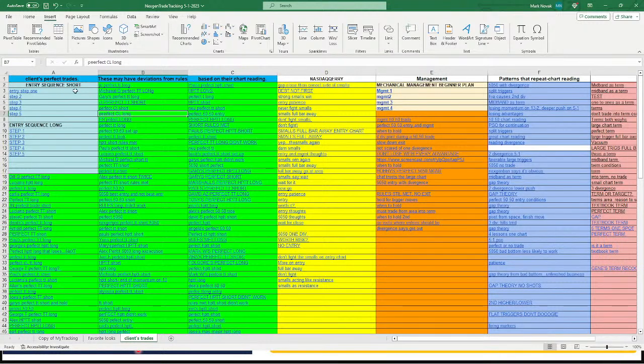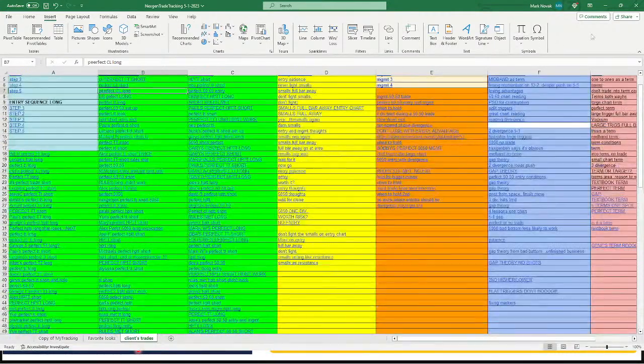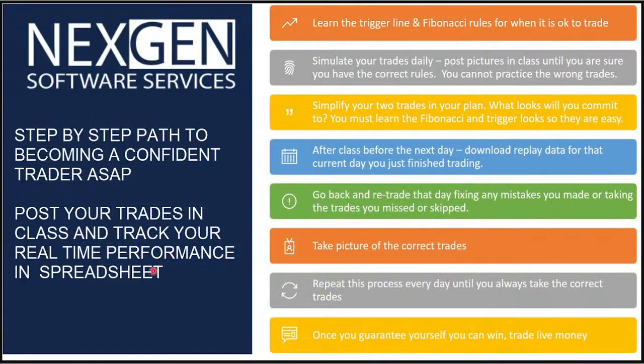This is where I did the work for you guys. I've got entries, I've got management, I've got patterns that repeat themselves, termination conditions. You NASDAQ traders, I know there's a lot of you that get real excited about wanting to trade the NASDAQ. A lot of my thoughts on the NASDAQ are here. And it's repetition, right? It's recognition through repetition. So use the spreadsheet.